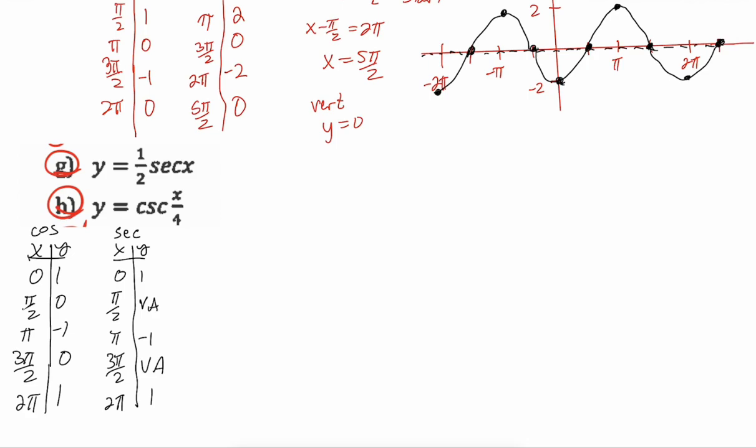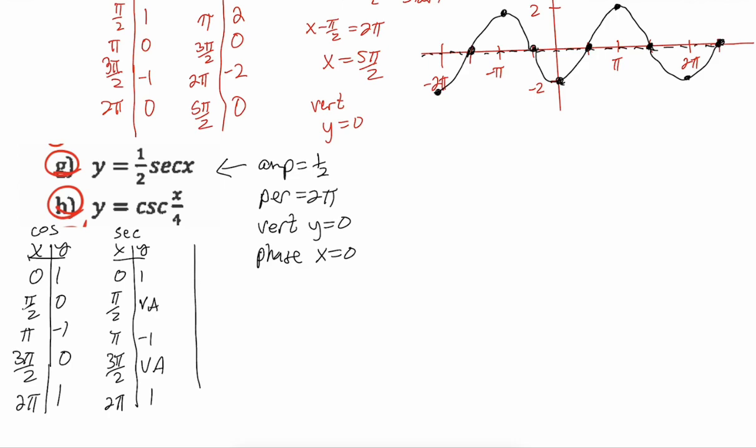Now, for G, we only have the 1/2 on the outside of the function. So the 1/2 is only going to multiply all of those heights by 1/2. So for this one, the amplitude is 1/2. The period is still 2 pi. The vertical shift is nothing. The phase shift is nothing. The only change is our amplitude of 1/2.